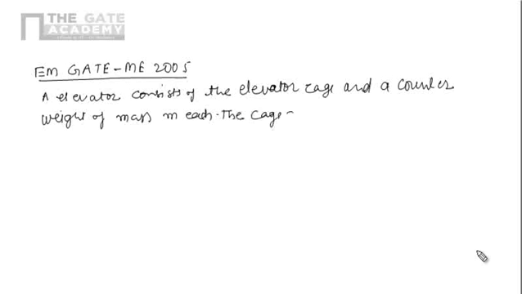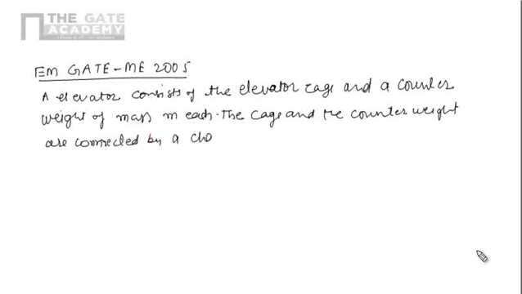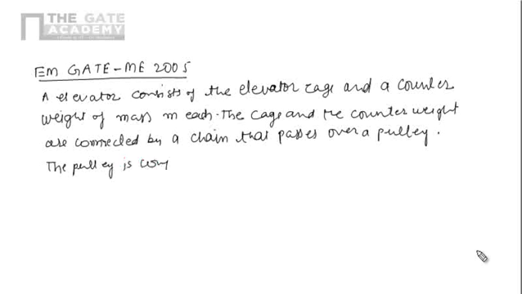The cage and the counterweight are connected by a chain that passes over a pulley. The pulley is coupled to a motor.